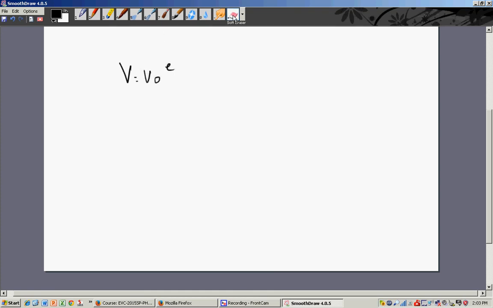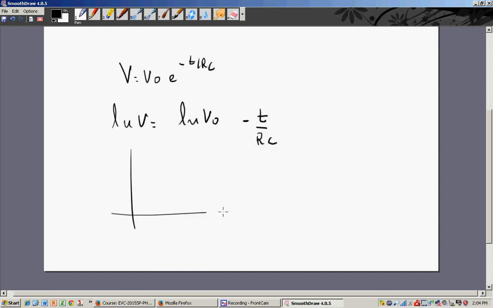So V is equal to V naught e to the minus T over RC. So natural log of V equals natural log of V naught minus T over RC.